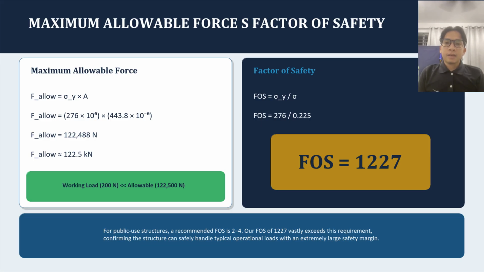By taking the ratio of yield strength to working stress, we get a factor of safety of 1227, while public use structures typically target a recommended factor between 2 and 4. Our calculated factor vastly exceeds this baseline. This confirms that the lectern can safely handle typical operational loads with an incredibly generous margin of safety.